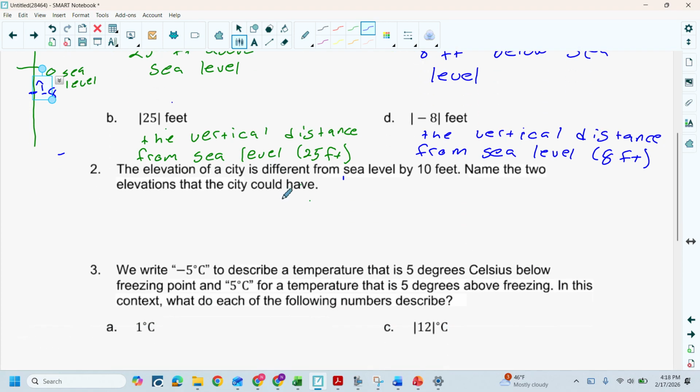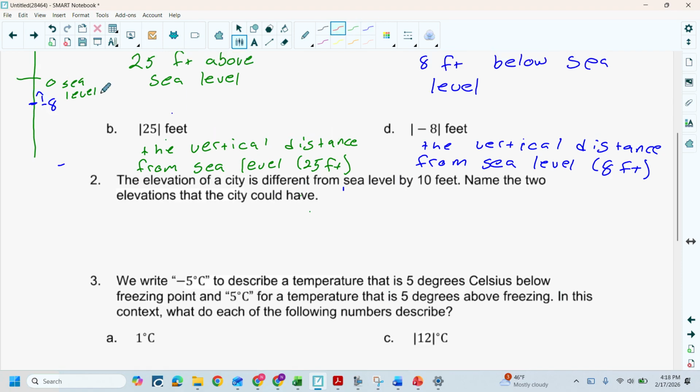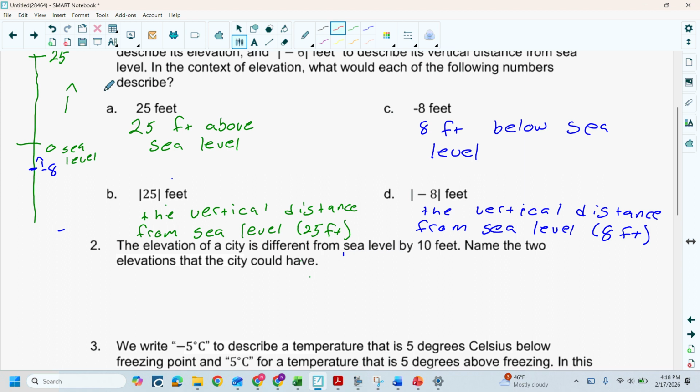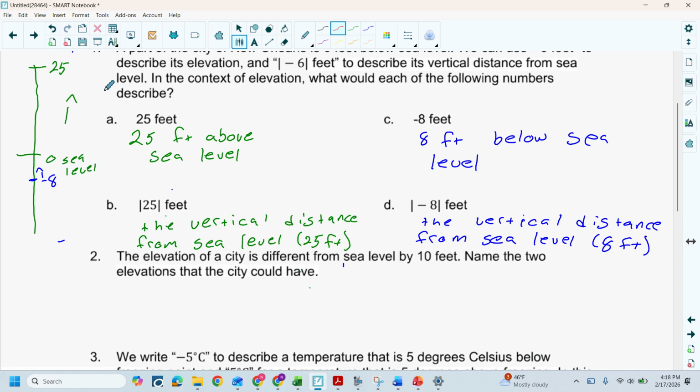So the elevation of a city is different from sea level by 10 feet. Name the 2 elevations the city could have. Well, again, I'm going to go back to this little sketch I made here. Since it doesn't say if it's above or below, then I could go up to 10 or down to negative 10.